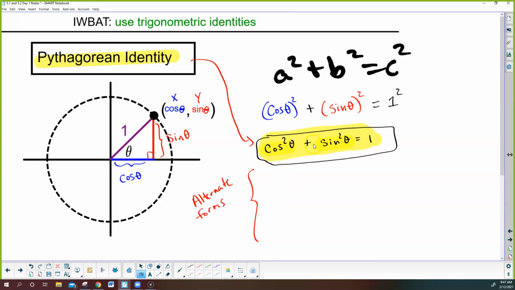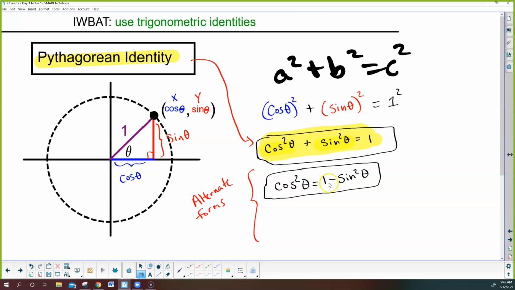So think of this. What if I wanted to move the sine over here? So if I subtract sine squared, we also have cosine squared theta on the left side, and then we just subtract it over, so 1 minus sine squared is equal to cosine. That is another type of Pythagorean identity.